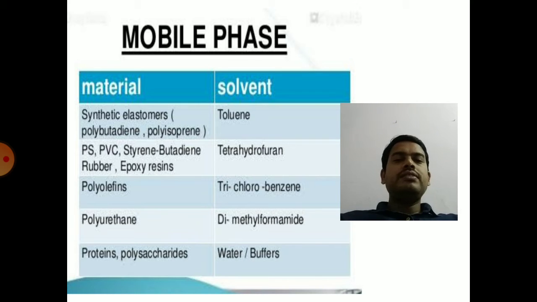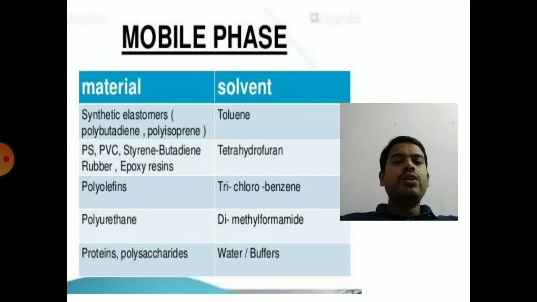The materials, that means solute or sample particles, and the type of solvent used to elute the sample particles are shown in this slide. For example, if you are using synthetic elastomers, you use toluene as mobile phase. If you are using rubber or epoxy resins as packing material, then you use tetrahydrofuran.